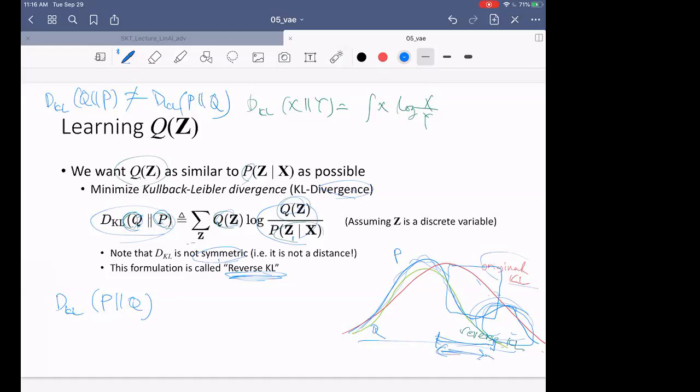So there's upside and downside. The upside of original KL is that you try to cover the entire posterior distribution, so you won't be missing anything. But the downside is, when you sample, there's a chance that it is coming from a lower probability region. So reverse KL and original KL have pros and cons. You could say that you want to at least approximate one mode as accurately as possible.